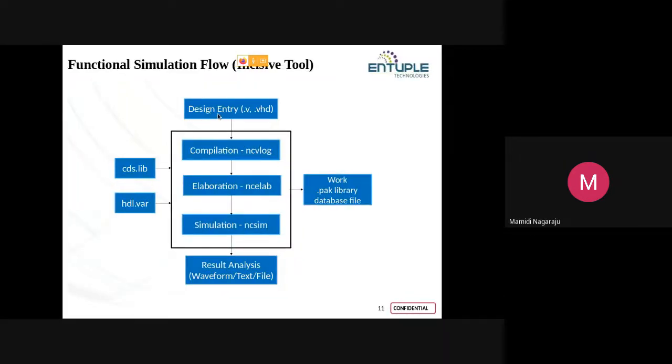For functional verification, we use the verification.v file with NC Verilog, do the elaboration and simulation, and check the results with the waveform. First we will create the CDS lib and HDL variables, and then the work directory. So this exercise, functional verification, will start.